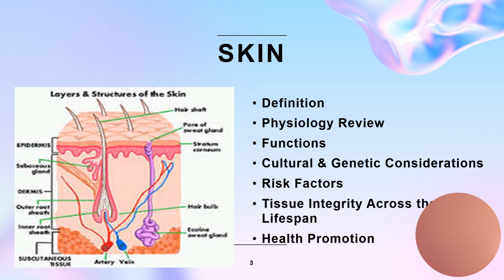There are a few cultural considerations. We know that variations in skin color is due to the amount of melanin that is located in the skin. For example, African Americans have a darker skin color, and this is due to the amount of melanin they have.